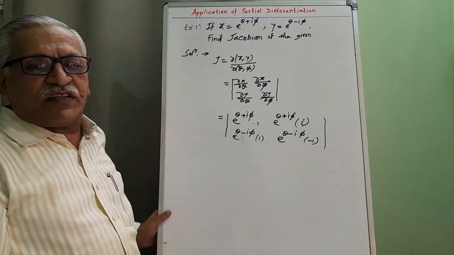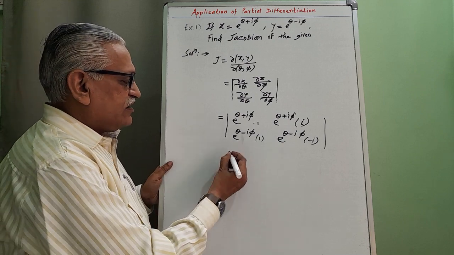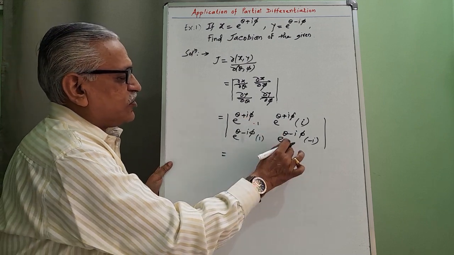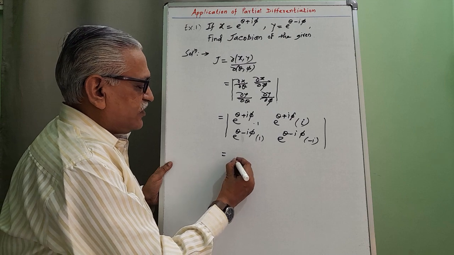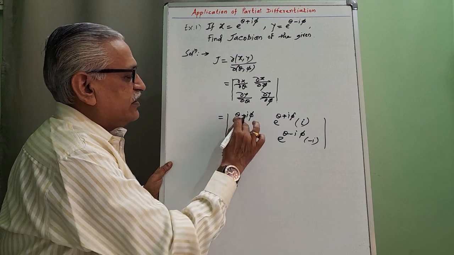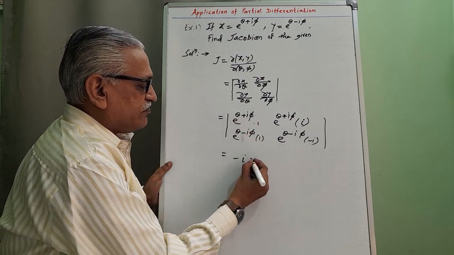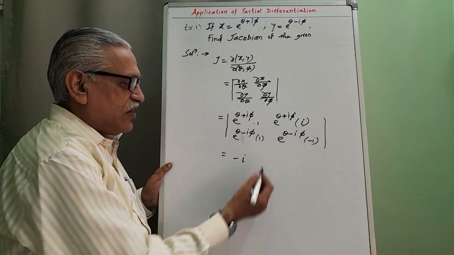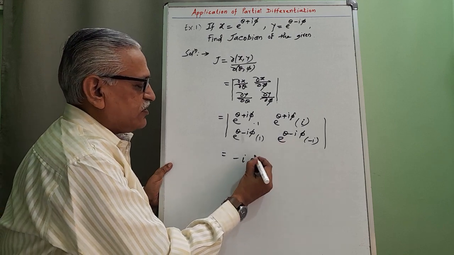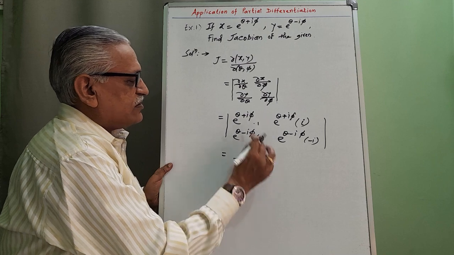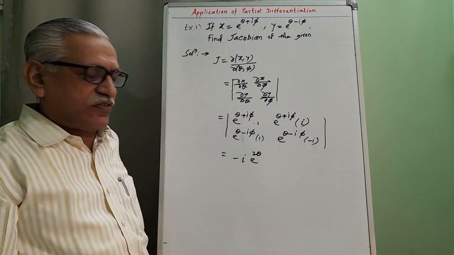And then evaluating the second order determinant, it is nothing but the product of these two terms. Therefore, that one is minus i e raised to theta plus i phi into e raised to theta minus i phi. Addition of the powers, we get 2 theta, plus i phi minus i phi gets cancelled.